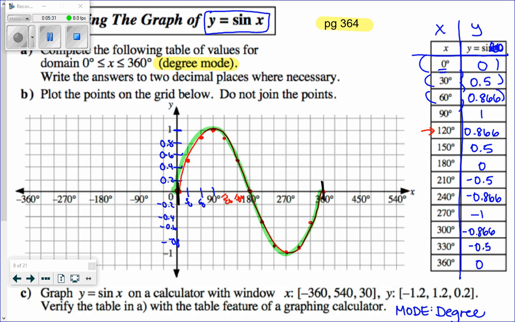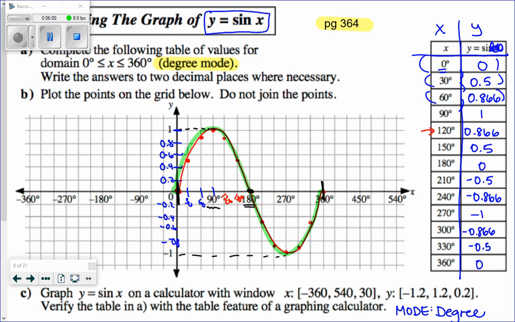The halfway point is 180, which means the halfway point again is 90. At 90, it goes to 1. At 270, it goes to -1. That's all you need to know. And then you're just going to go swoop and draw it in. You don't need to know all these little points all along the way. Okay?